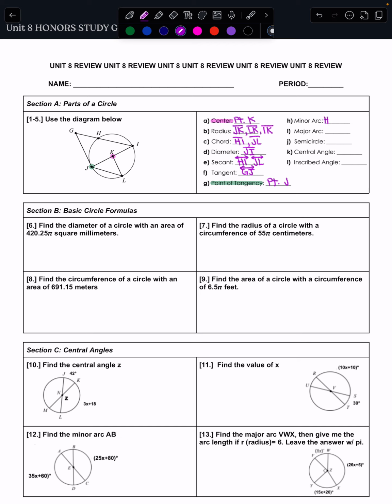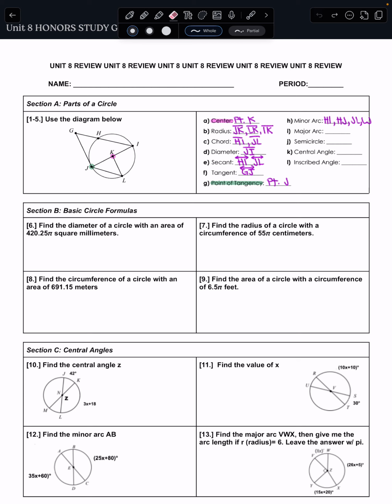So HI, HJ, JL, and then, which one am I missing? Oh, did I go the other way? HI is this one, HJ is this one, JL is this one, and the last one I'm missing is IJ, or no, IL.